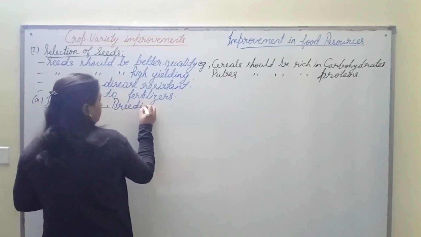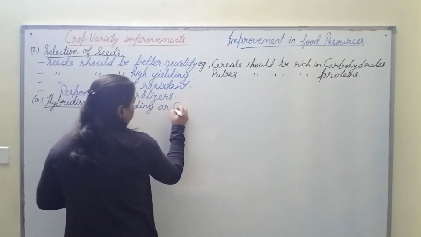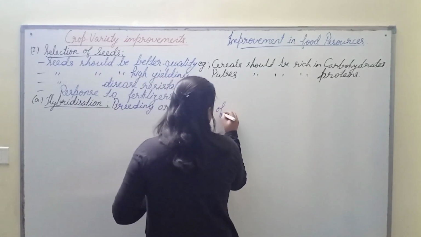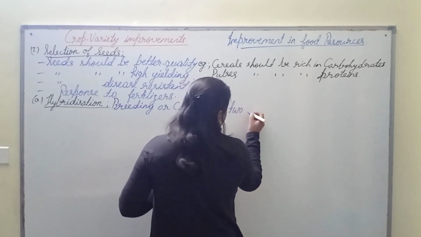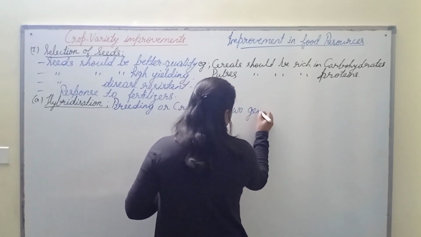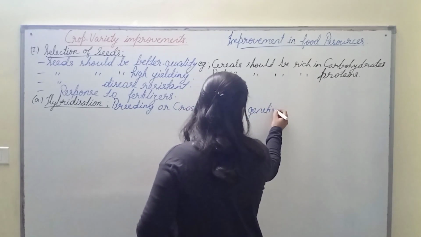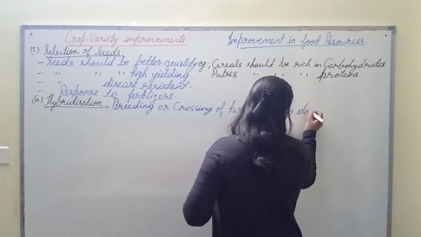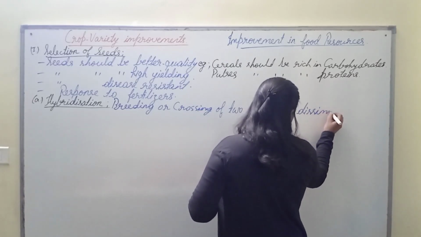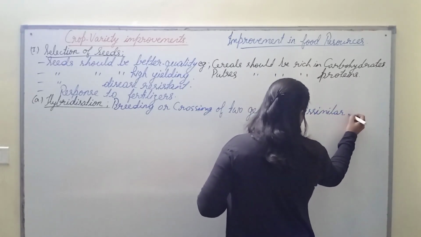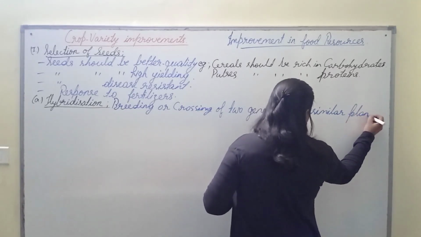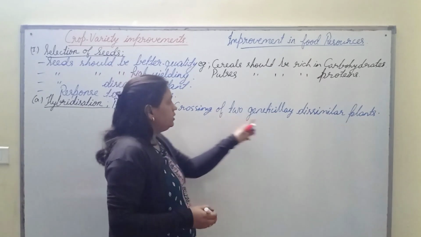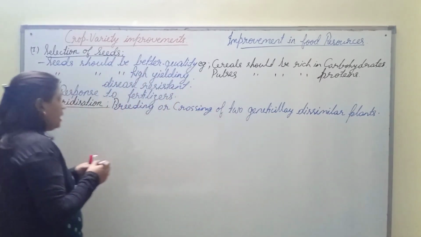So hybridization is the breeding or crossing of two genetically dissimilar plants. Breeding or crossing of two genetically dissimilar plants is called hybridization.